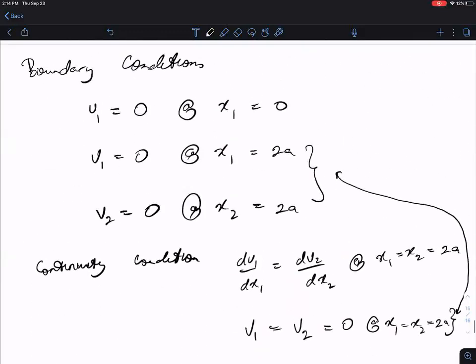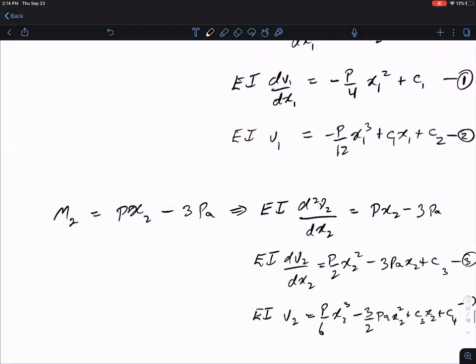For example, if we wanted to compute the rotation between A and B, we would use equation 1, substituting C1 and plugging in x1 based on the location.